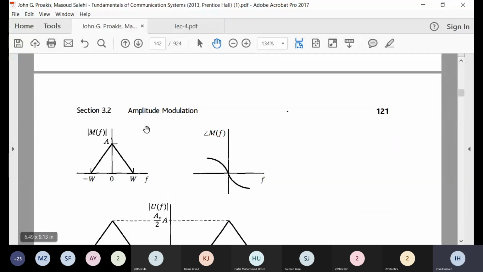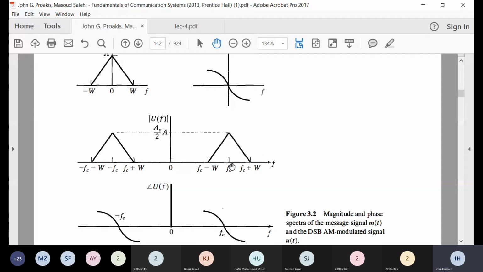If I ask you the bandwidth of this signal, you will say highest positive minus least positive. This is W bandwidth. But once it goes into the pass band, or let us say to the band pass signal, what is its bandwidth? fc plus W minus (fc minus W). This means its bandwidth is 2W. So you have made the bandwidth double what was present for a low pass signal.